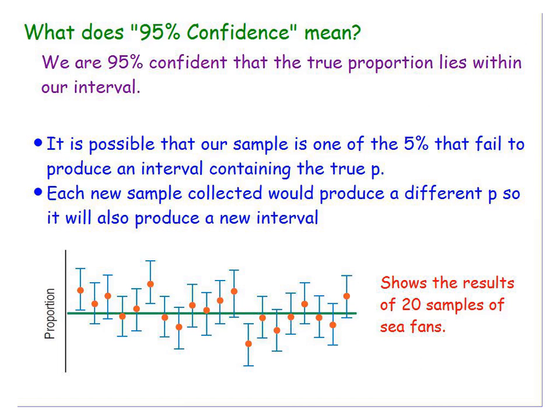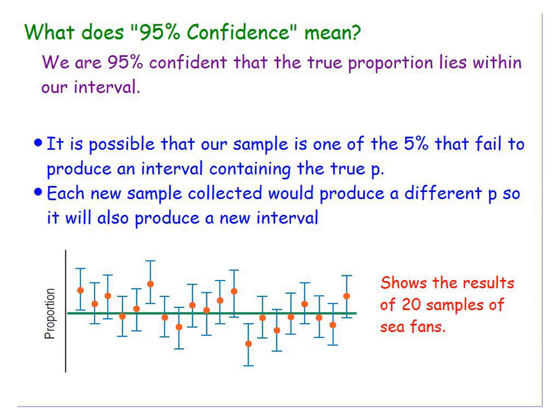So what does 95% confident mean? It means that we are 95% confident that the true proportion lies within our interval. We're not 100% confident. We're only 95% confident that our proportion lies within our interval.